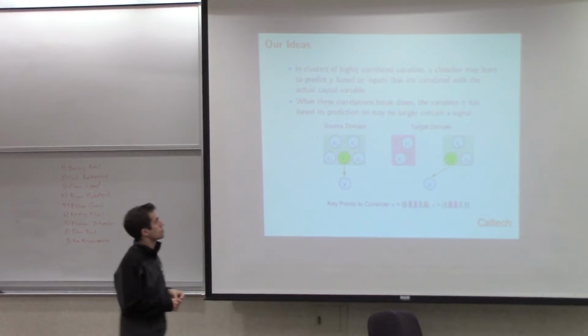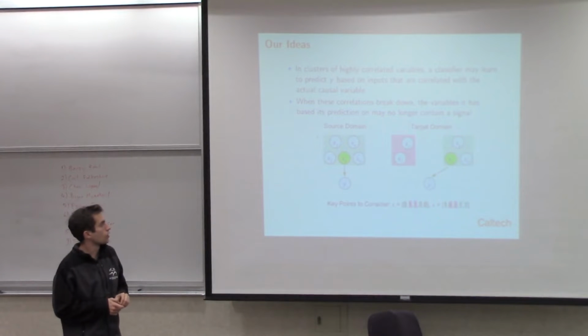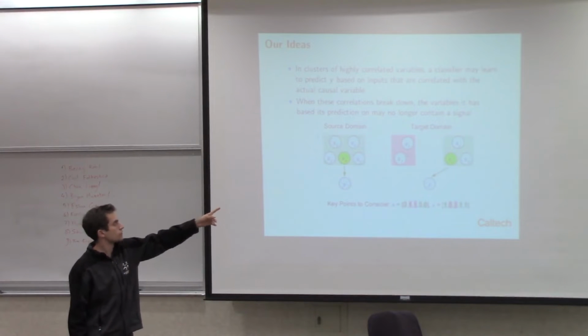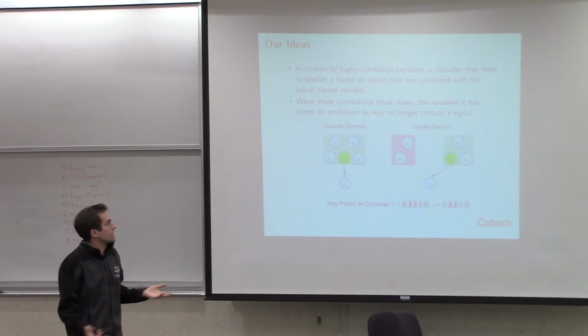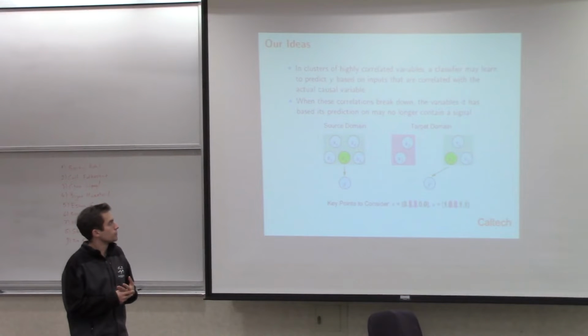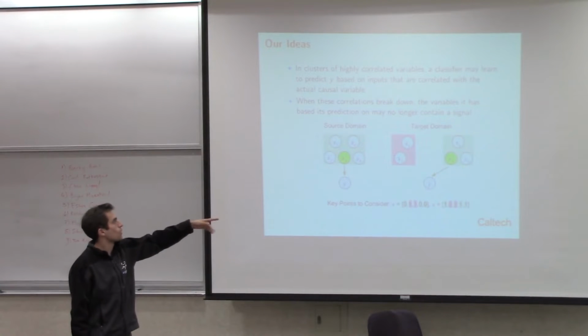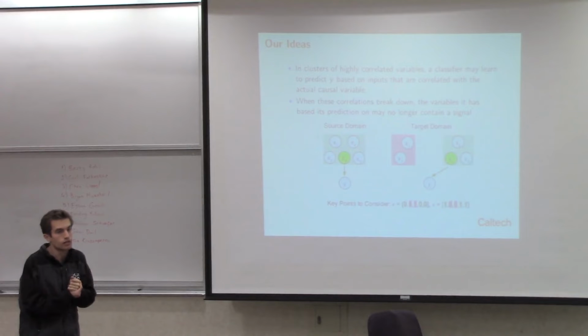So now x2 and x3, as a group, are maybe still correlated with each other because they're in a cluster, but now they're independent from x1, x4, x5. So if our classifier had learned to predict y based on x2 or x3, we would have had an incorrect classifier in the target domain.